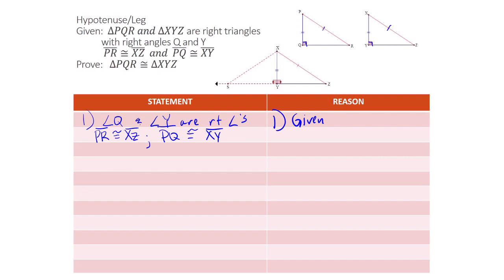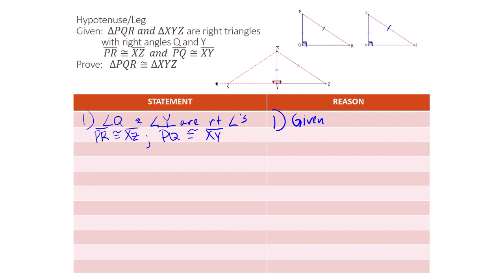We're going to extend ZY through Y, okay? And we're going to make a segment YS such that YS is congruent to QR, okay? And that's something that we can do.